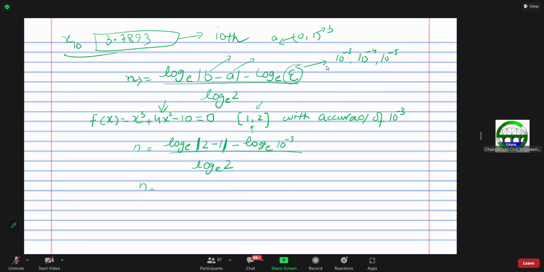So can anyone solve it? Log of 1, minus log of 10 raised to power minus 3, divided by log of 2. Can anyone please tell me the answer here?